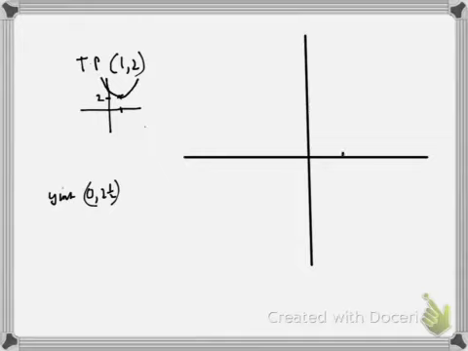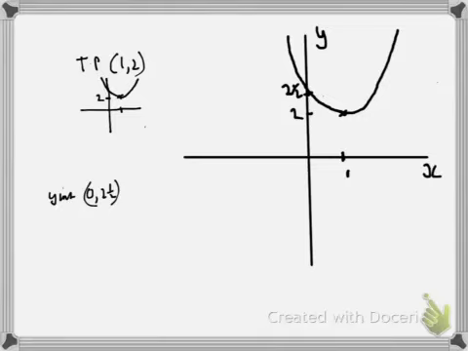Turning point, there's 1 and 2, turning point there. y-intercept at 2.5. And a parabola like so. y-axis and x-axis. And there's our graph.